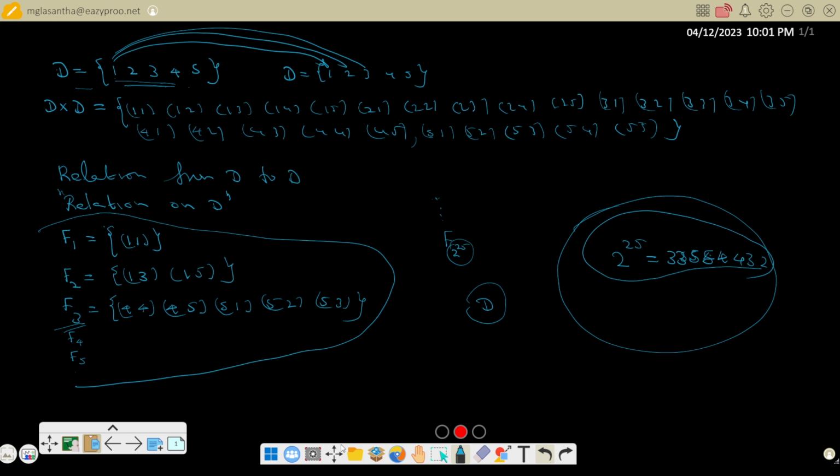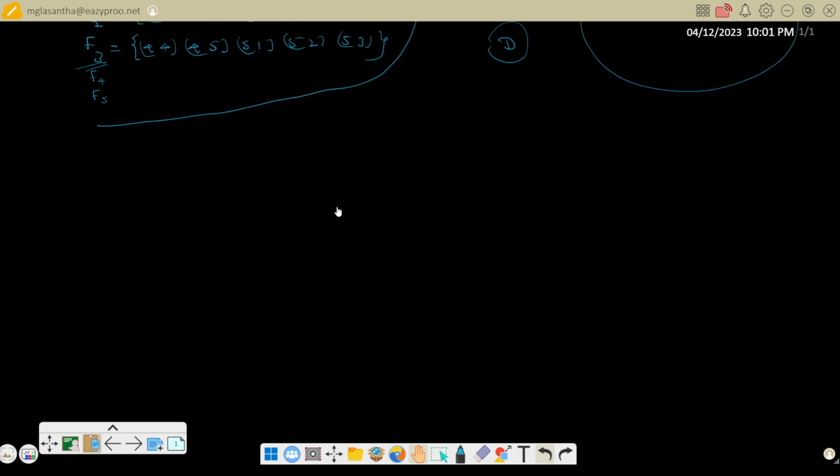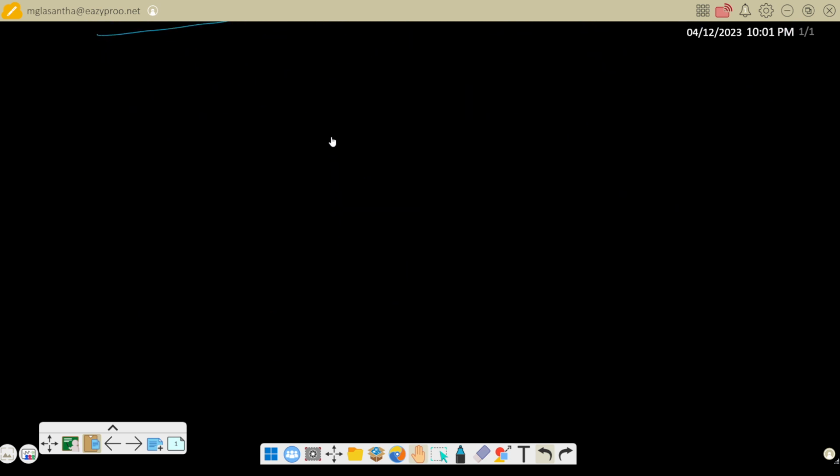If the parent set is an infinite set, for example, instead of D, if you take Z, the set of integers, as the parent set, those relations you can define like this.